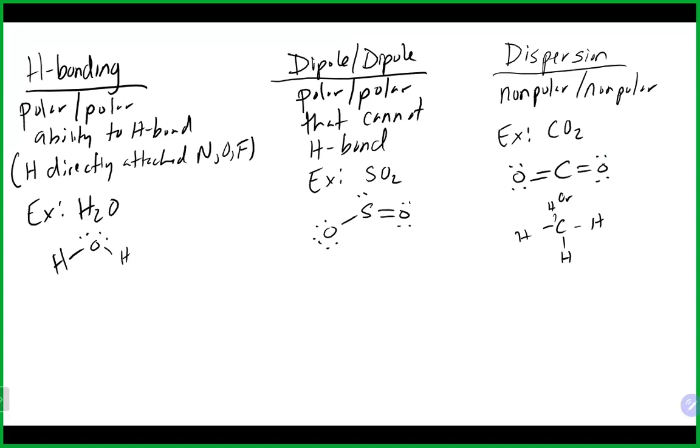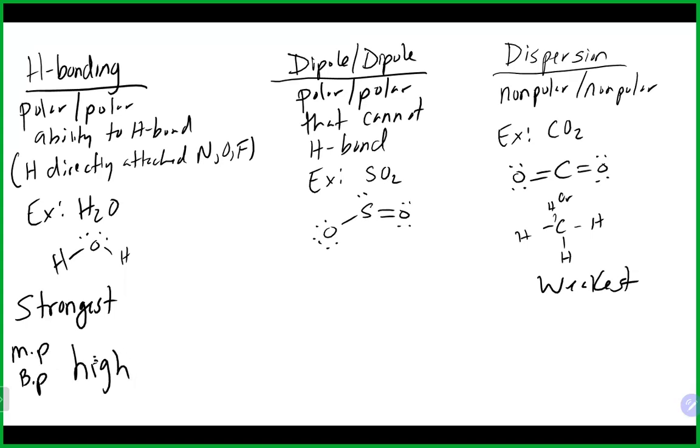Now, in terms of the strengths of these three intermolecular forces, as I mentioned earlier, your hydrogen bonding is the strongest. Your dispersion forces are actually the weakest forces that can occur. And again, the things that this affects are things like melting points and boiling points. You would expect a relatively high melting point and boiling point on this end, compared to a much lower melting point and boiling point on the other end.